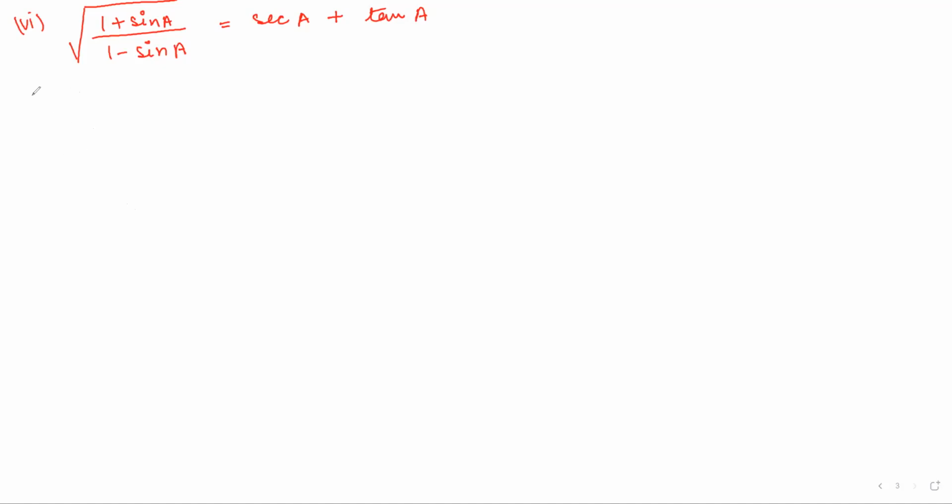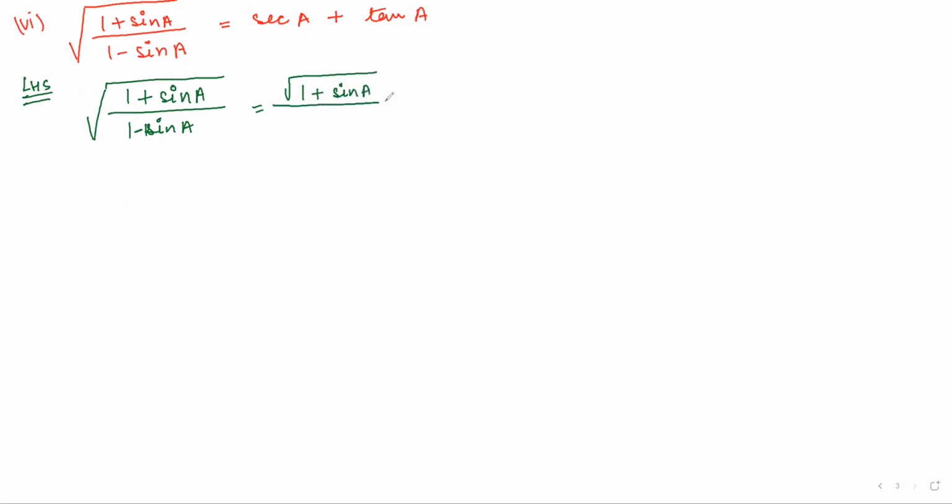Okay. Now see the LHS. I have under root 1 plus sine A divided by 1 minus sine A. First of all, just write it like this, break the square root: square root of 1 plus sine A divided by square root of 1 minus sine A. Now, in the next step, I'm going to rationalize it.